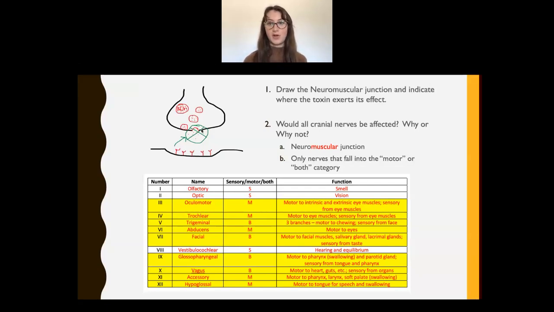Only the nerves that fall under that motor or both category are going to be affected by botulism. So that's going to be your oculomotor, trochlear, trigeminal, abducens, facial, glossopharyngeal, vagus, accessory, hypoglossal. So no, not all cranial nerves would be affected, only the ones that fall into the motor or both category.